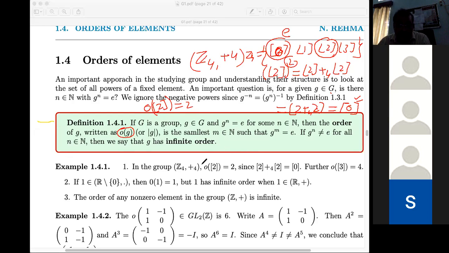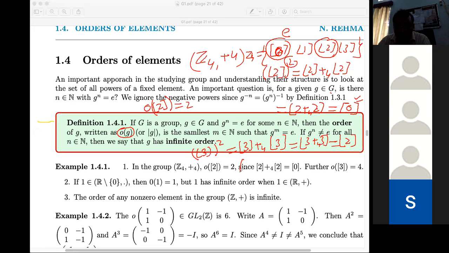Now for example, take 3. So 3 to the power 2 is equal to what? We can say 3 addition modulo 4 3, and now what is this? 3 plus 3 is 6, divided by 4, the remainder is 2. So 3 square is not equal to the identity.